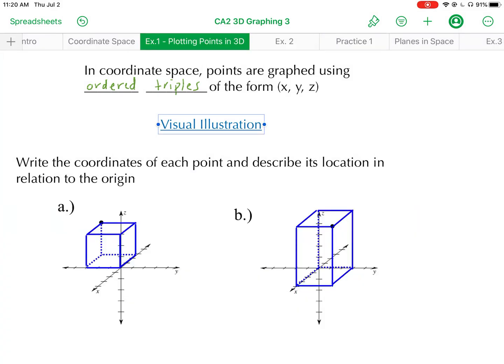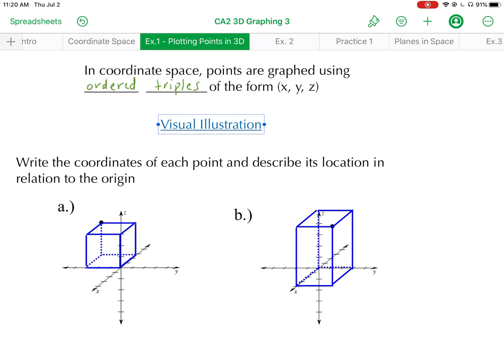All right. So the tough thing about points in coordinate space on a 2D paper or 2D screen is, it's really hard to tell their location if you don't draw in the three-dimensional box that's associated with that point.